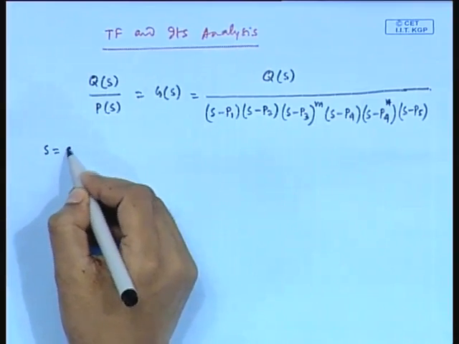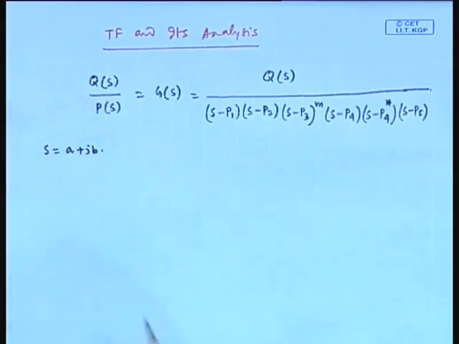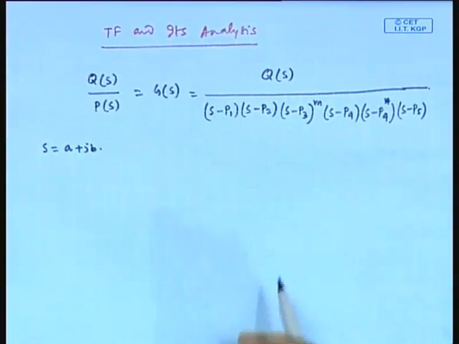Now, s is a variable defined in the complex plane in this form: s equals a plus jb. Considering this general form of a transfer function, we will discuss different types of poles.